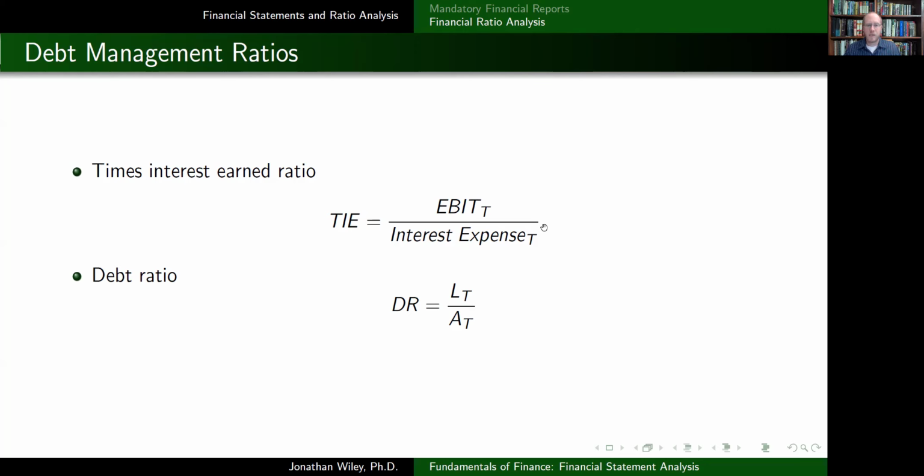And so I realized, oh, almost all of the debt, or at least a vast proportion of the debt, was actually short-term debt. Basically, it was a current liability, think accounts payable and things like that. And as a result of being accounts payable that they aren't paying interest on, it was still counted as debt, but it didn't produce interest expense, and therefore it didn't affect the times interest earned.